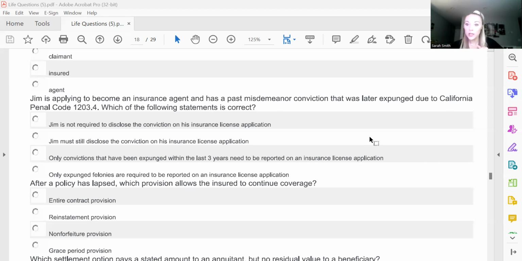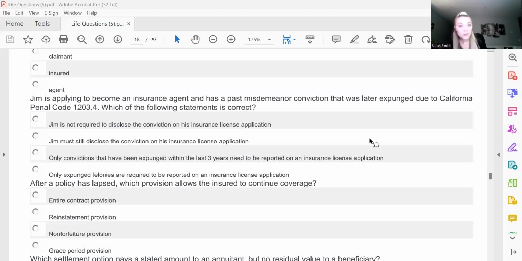And then in California, there's an additional page that says, do you have any of these? Even if they're expunged, disclose. Misdemeanors, felonies, whatever, even if charges have been dropped, you have to disclose everything in the state of California. Let me see where we're at.